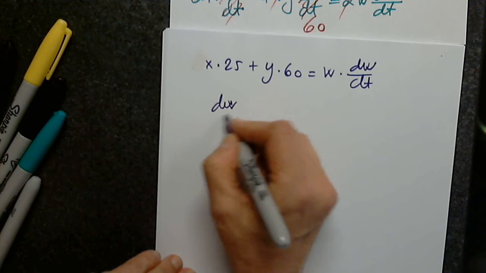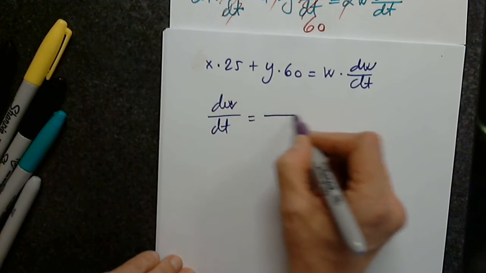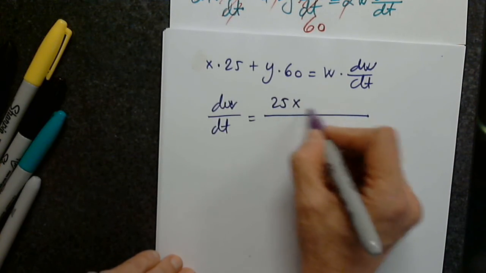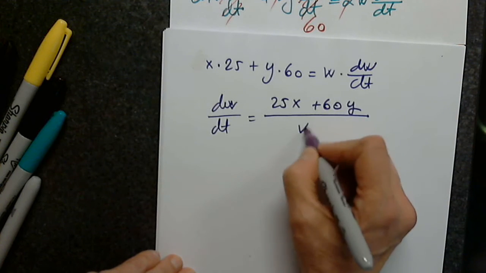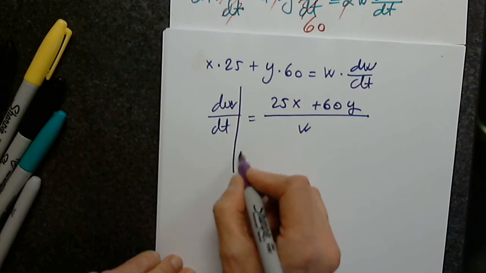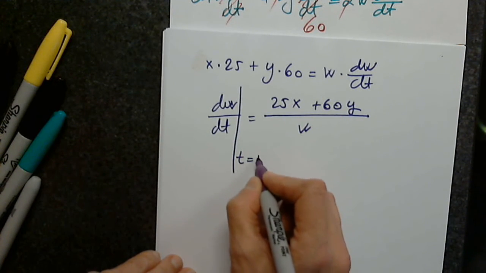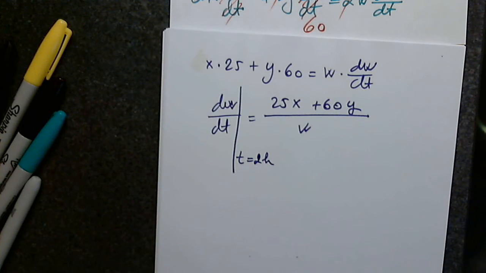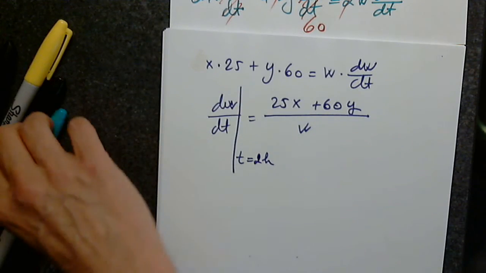So dw over dt will be nothing else but 25 times x plus 60 times y divided by w. And eventually, I'm going to evaluate this when t equals 2 hours. But it's not done yet. Close. So now I have to determine x.